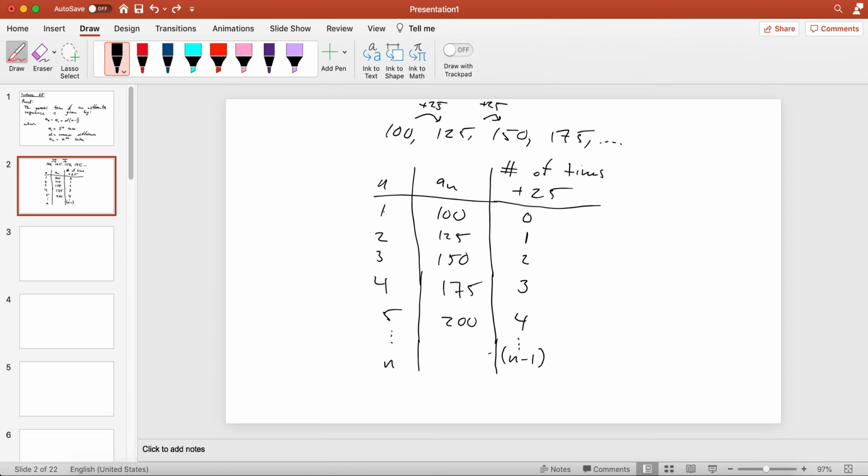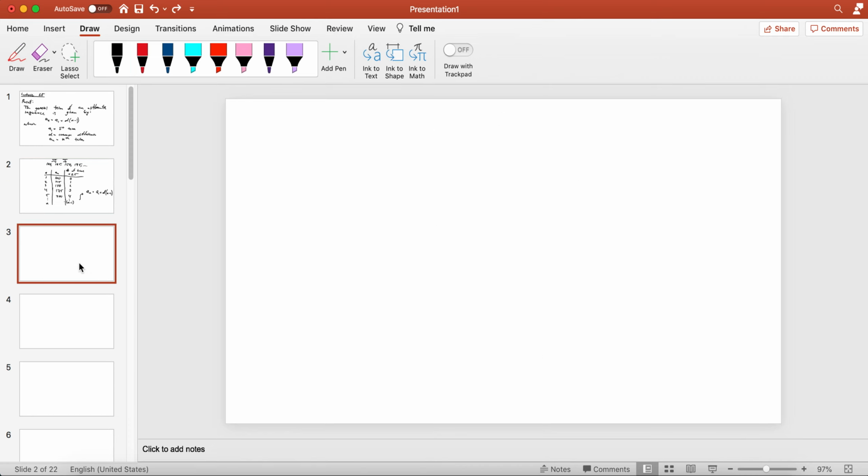And so that's why a sub n is a sub 1 plus the common difference d times n minus 1. You added d n minus 1 times to get the nth term. Okay? And it's similar logic for geometric sequences.